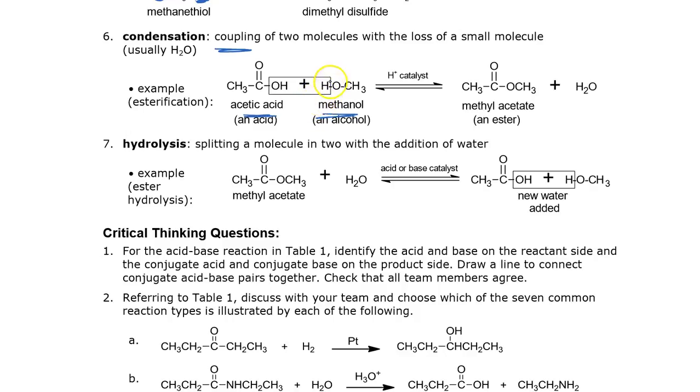Well, what is the small molecule? It's H and OH, and that makes water again. And then I just join this part with this part, and I get a new functional group, which in this case is an ester.